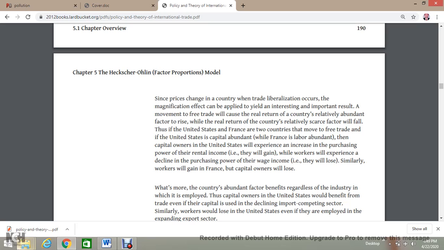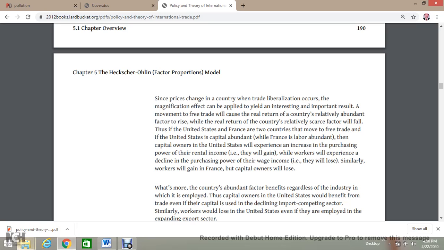This abundant resource will be used for producing the commodity, and when a country starts using this abundant factor for producing goods, if the price of these goods increases, the prices of the factor inputs will also increase, and all those scarce resources which were unutilized will see their demand or price fall.